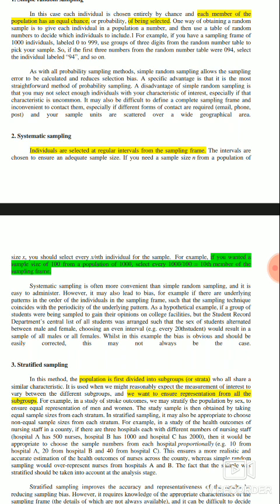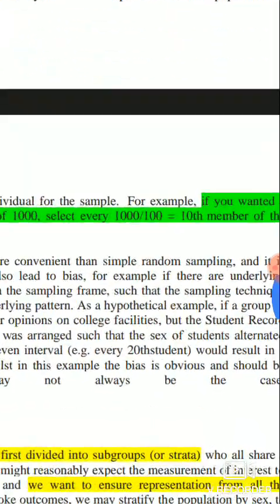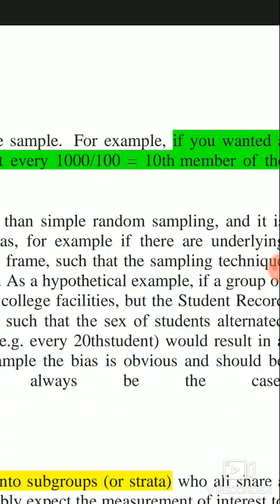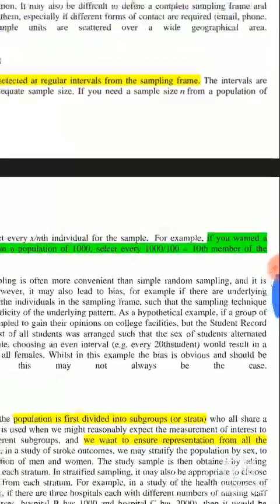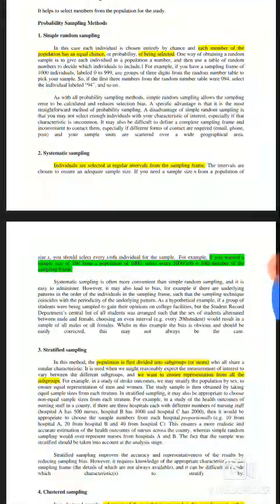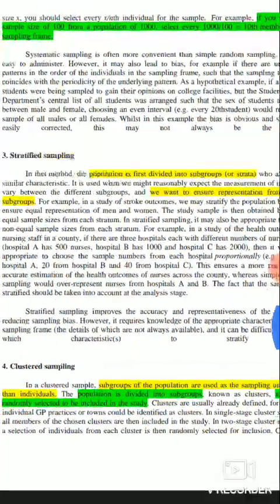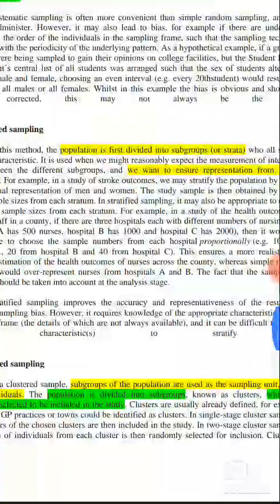That means total population 1000 divided by number of samples required 100, so you will get 10. That means every 10th person a researcher takes as a sample. Out of 1000 people, the researcher takes the 10th person, 20th person, 30th person, 40th person as a sample. It's called systematic sampling.